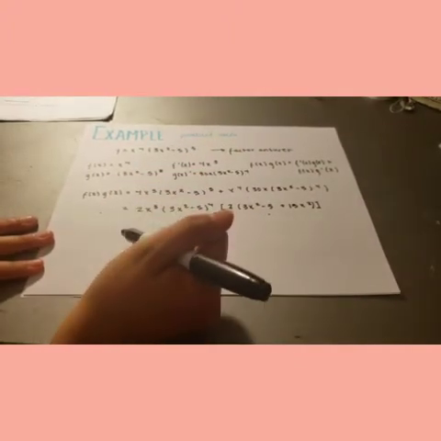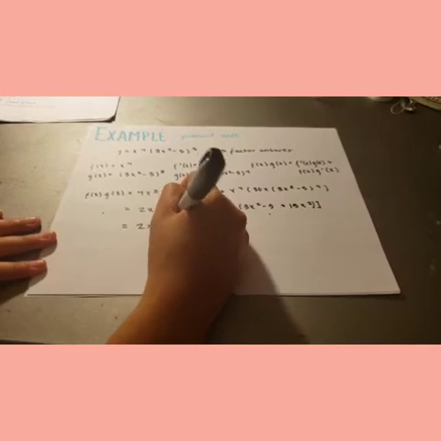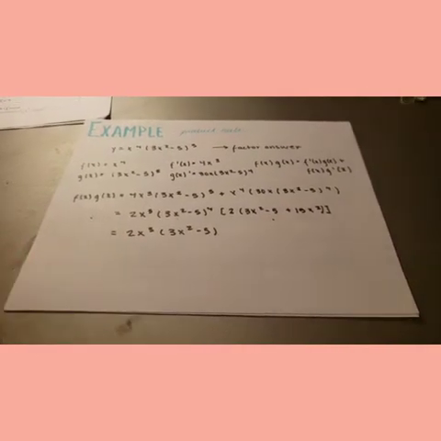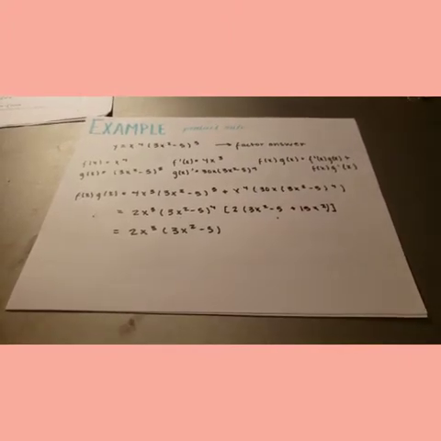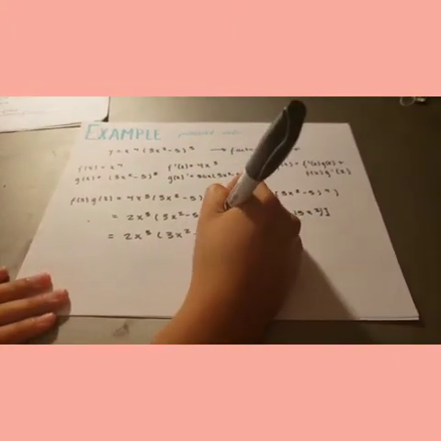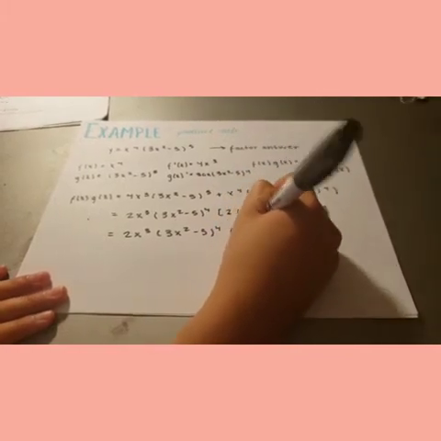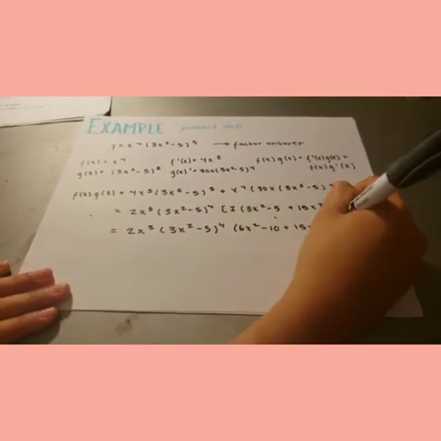And then we can further simplify and make this into 2x to the third. Okay, so then it would be 2x to the third times 3x squared minus 5 to the fourth times 6x squared minus 10 plus 15x squared.